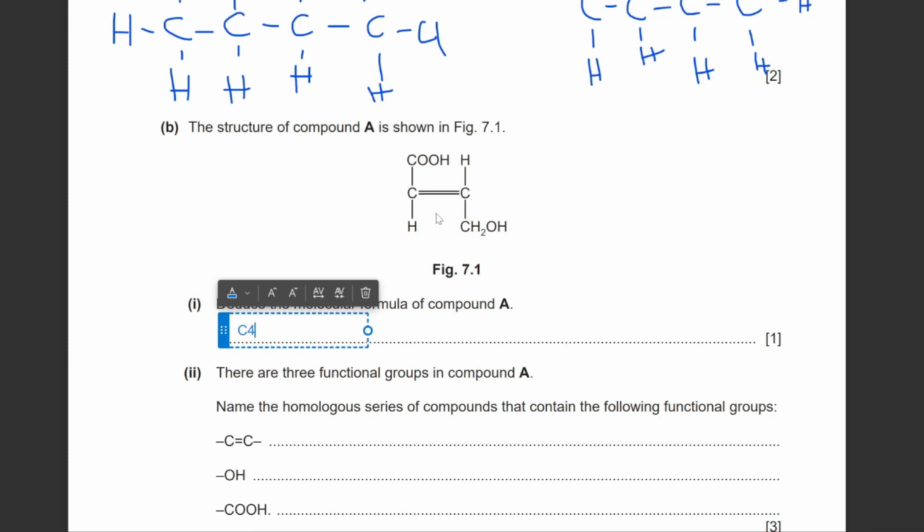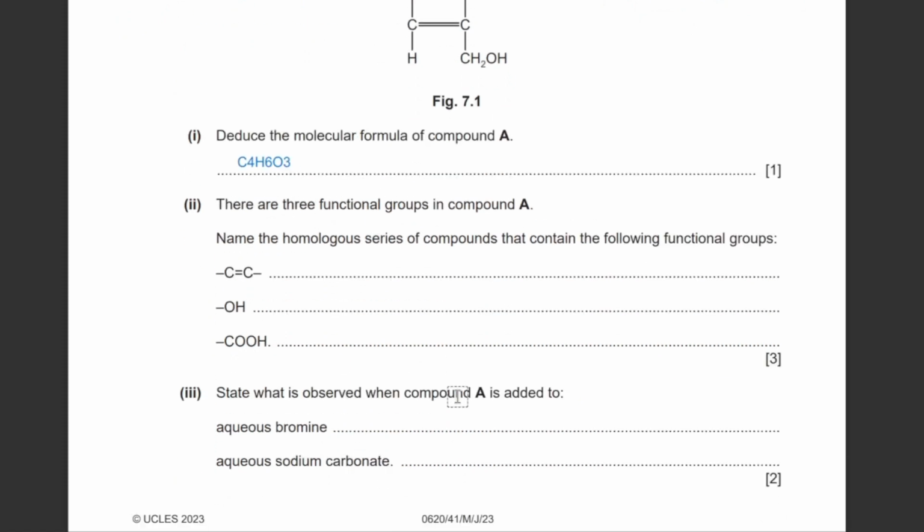But let's check the hydrogens first. 1, 2, 3, 4, and 6. So H6O3. There you go. There are three functional groups in compound A. Name the homologous series of compounds that contain the following functional groups. Carbon double bond, that's an alkene. OH is the alcohol group. COOH is carboxylic acid.